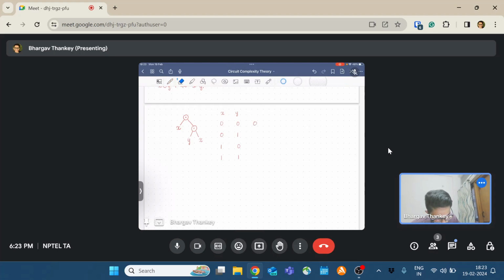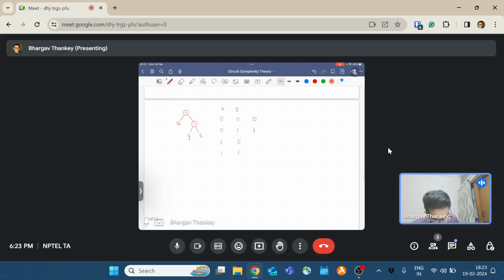Oh, wait, no. If both are zero, then this is one and this is zero. I think this is the same function. They are unequal, so this is zero and this is one. But these are equal. So this is one and x is zero, so they are unequal, so this is zero, right?